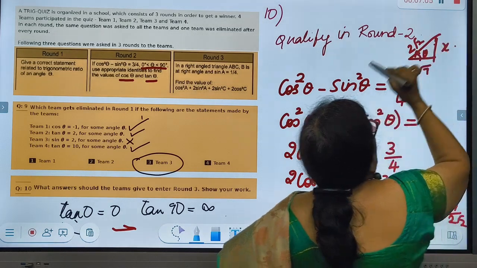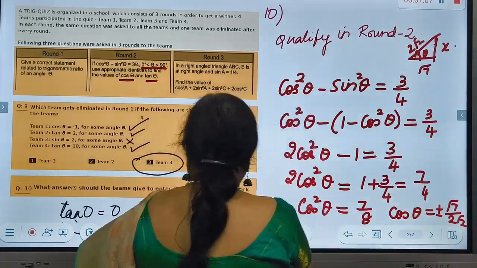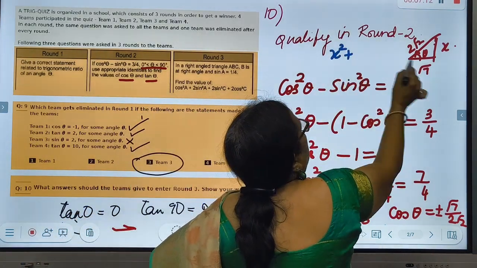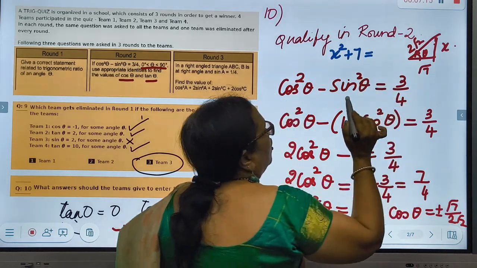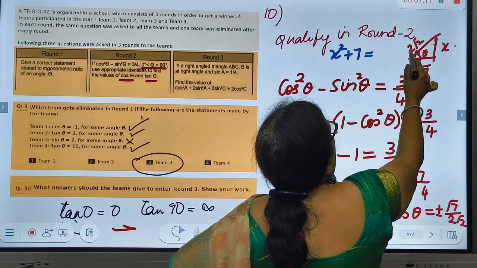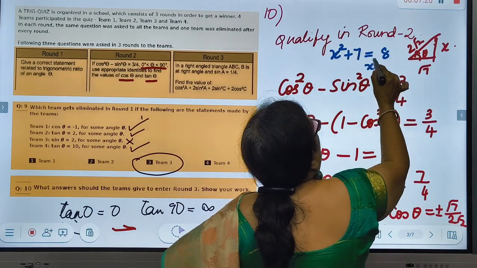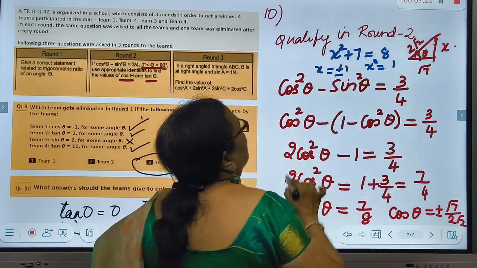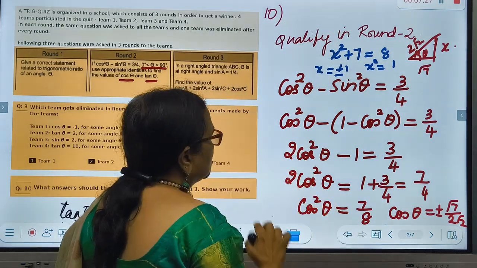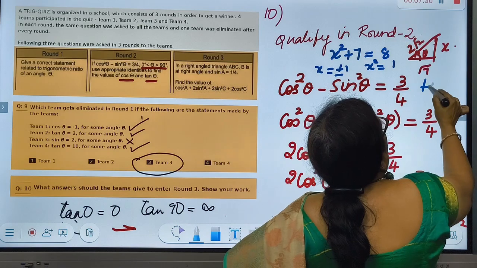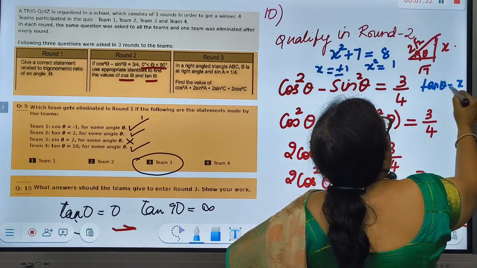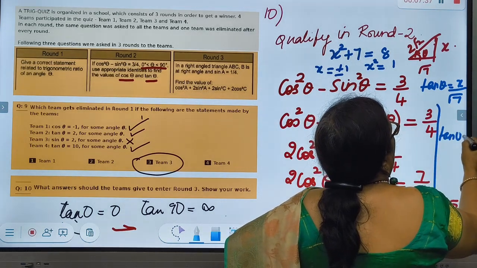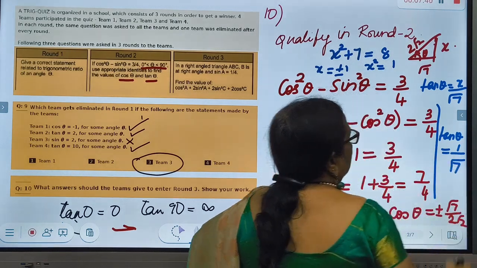Now, what will be x? You know that x square plus root 7 square, which is 7, is equal to 2 root 2 square, which is 8. So, x square equal to 1. So, x is plus or minus 1. Right? So, what will be tan theta? Tan theta will be x by root 7, that is tan theta equal to 1 by root 7.